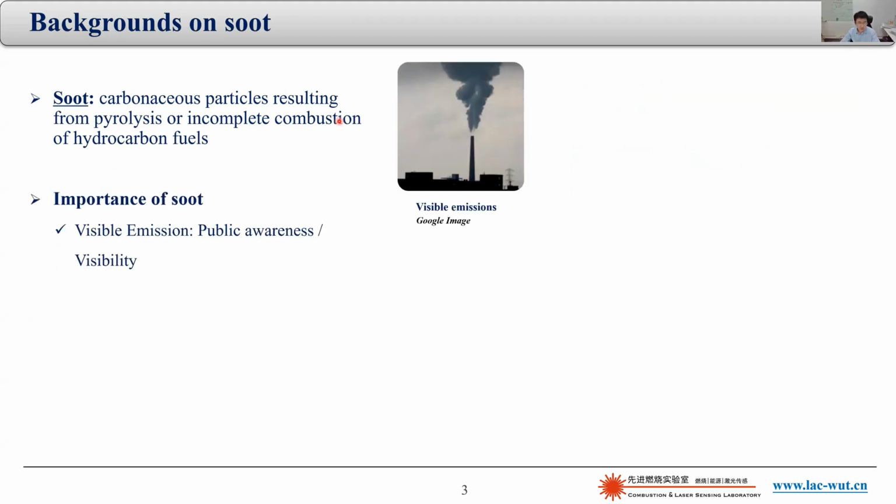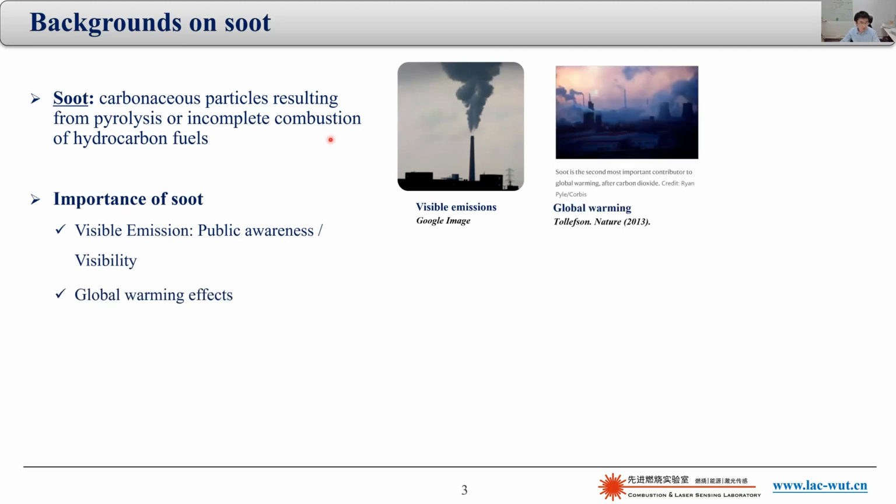Second, soot is arguably the second largest contributor to global warming, so cutting soot emissions is in line with the global target of reducing greenhouse gas emissions. Soot is also known to have negative health effects, and soot deposits in practical combustion devices can affect system durability and sometimes the efficiency of the devices.